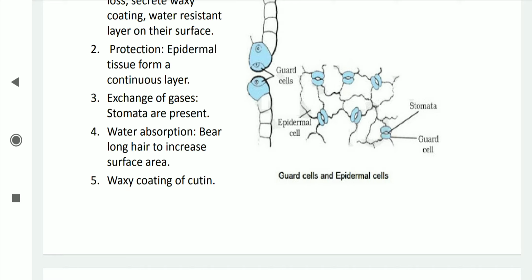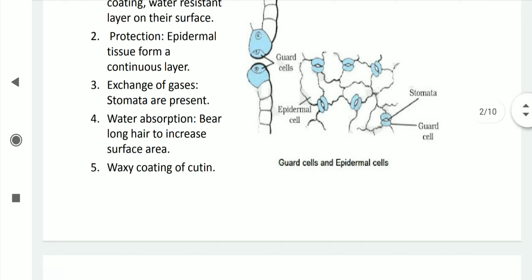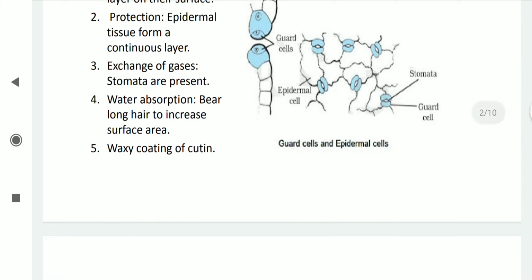So in roots, children, we always find root hair. What is the function of this root hair? This root hair increases the surface area. Where is this root hair present? In the epidermis of root.